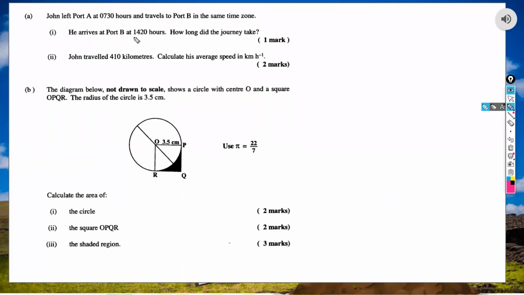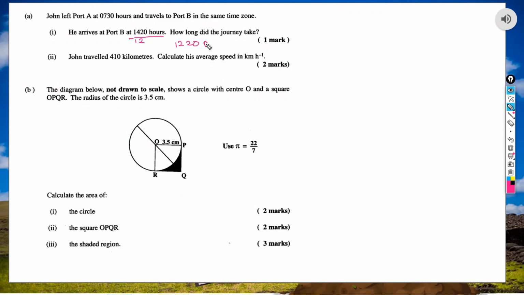Whenever you're using a 24-hour clock, right, and the value is more than 12, all you have to do is minus 12 from it, and you'll get the answer in the evening, PM now. So when you say 1420, if you minus 12 from this, right, you will get 1220.